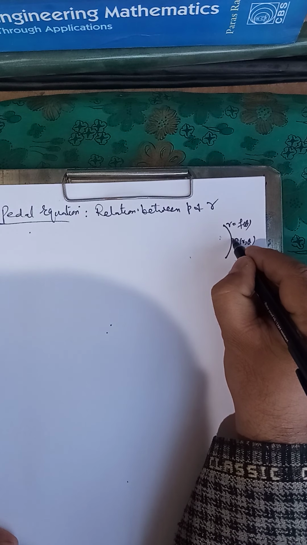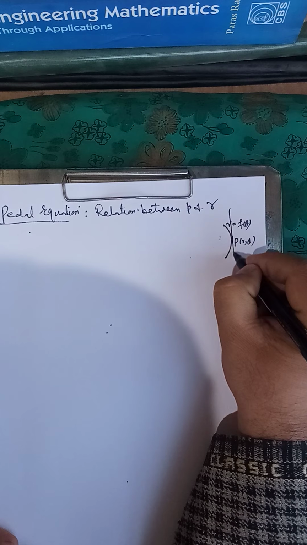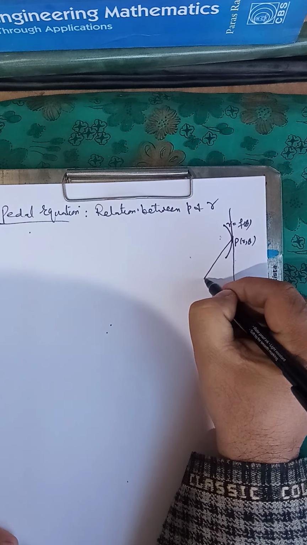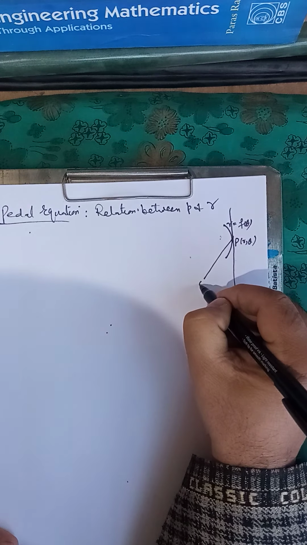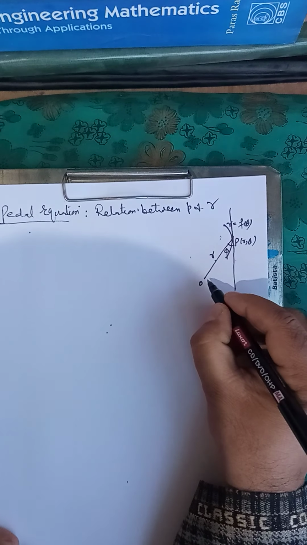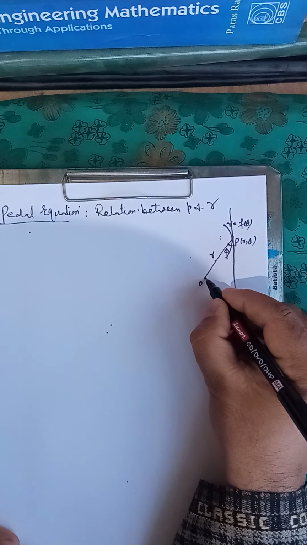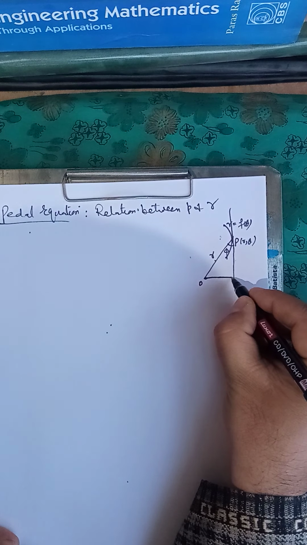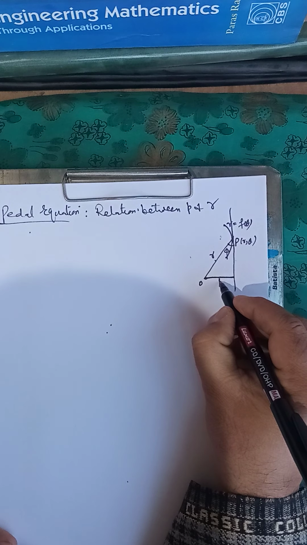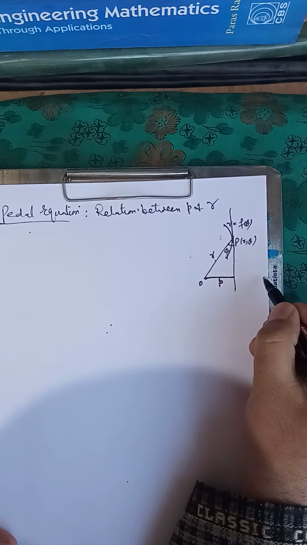This is the tangent to the curve at this point. This is the pole. This is r. This is phi, the angle between the radius vector and the tangent. Let me draw a line perpendicular to this tangent. That length is denoted by p. This is not the initial axis.